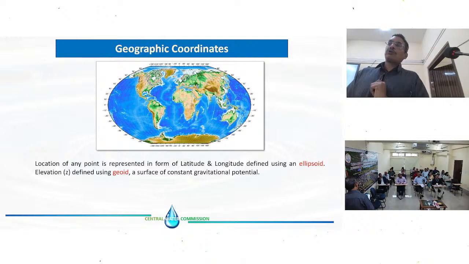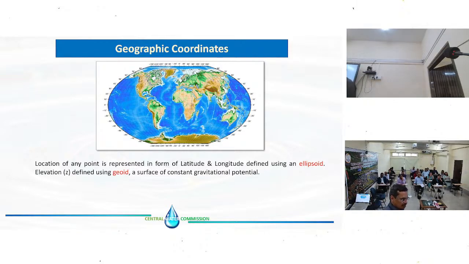coordinates, geographic coordinates. We know the earth is not a perfect sphere, it is a geoid. It is approximated as an ellipsoid. Okay, so every point will have longitude and latitude based on some assumed ellipsoid. Generally we go by the universally accepted ellipsoid. You will come across WGS 84, World Geodetic System 84.